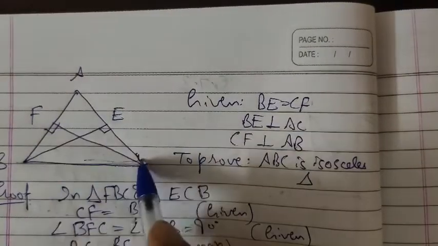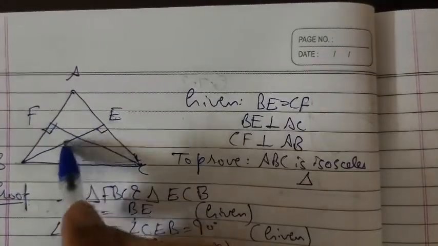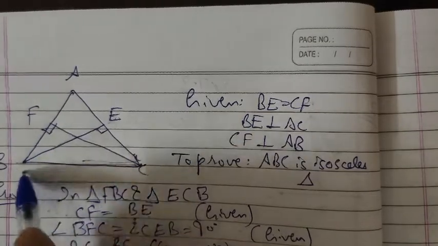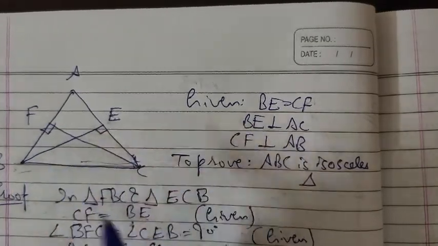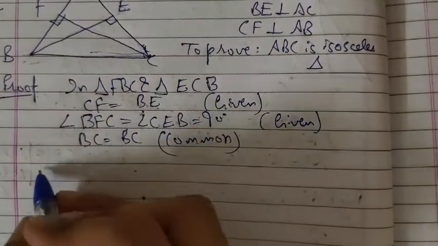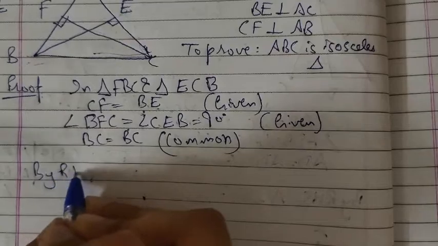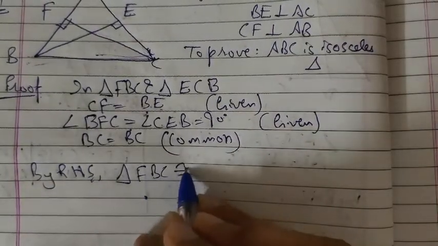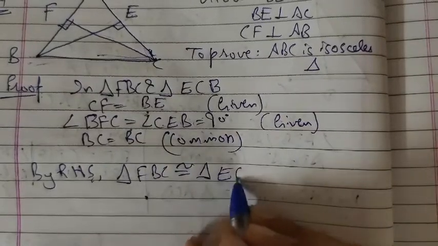This triangle and this triangle, right? So by right angle, hypotenuse and side, so by RHS, because using these three values, triangle FBC is congruent to triangle ECB.